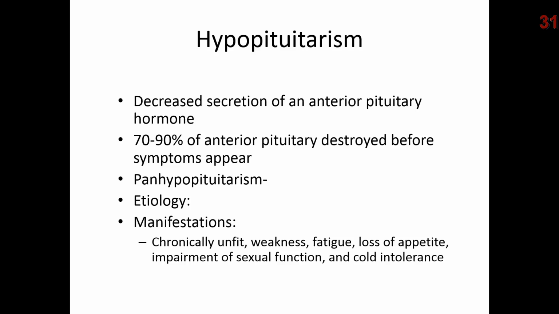We might only have just one level that's low, like growth hormone, and you might see the signs of that, or you might see the follicle-stimulating hormone is low. But what you don't usually see is all of them low together. And when that does occur, that's called panhypopituitarism. So, low secretion of all those anterior pituitary hormones.